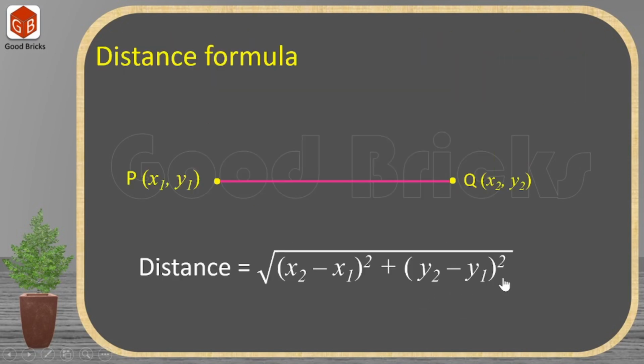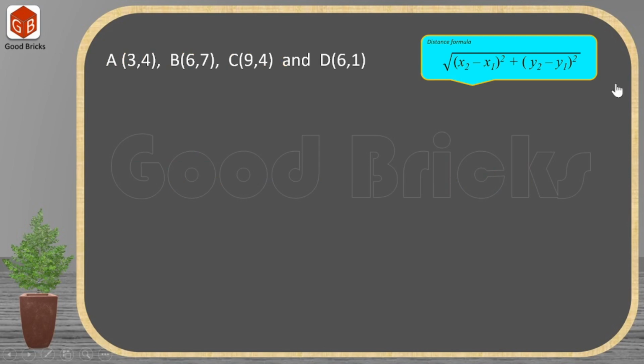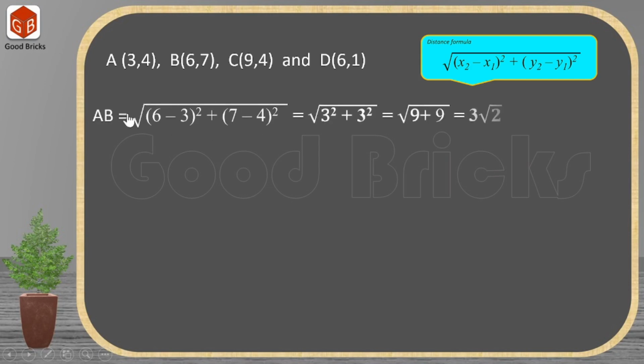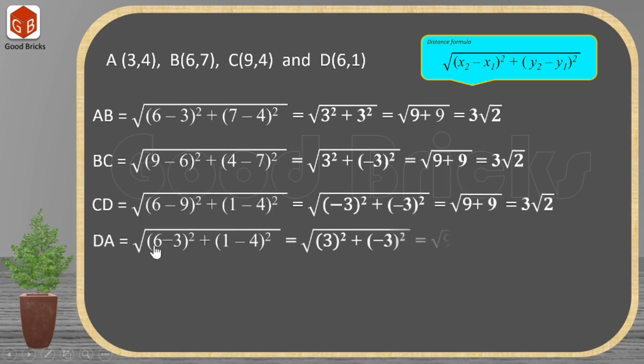Now to calculate these lengths, we are going to use the distance formula. What is that? Square root of (x2 minus x1) whole square plus (y2 minus y1) whole square. This is the formula we are going to use to calculate the lengths of sides and diagonals. So using this distance formula, let us find the distance of AB, BC, CD and DA.